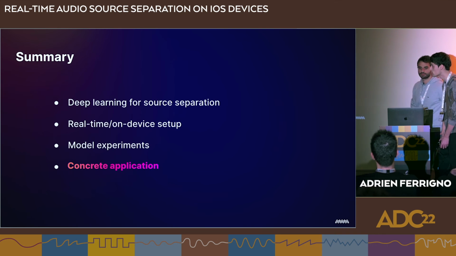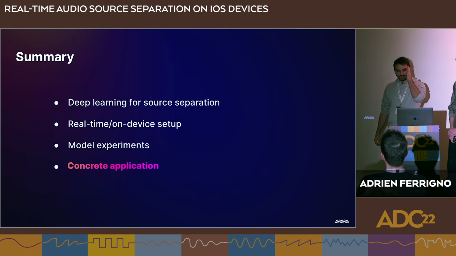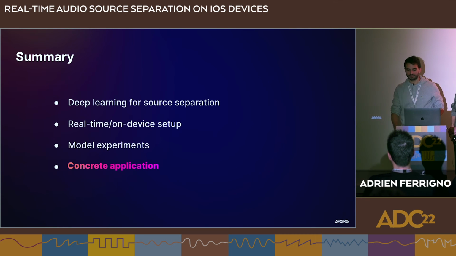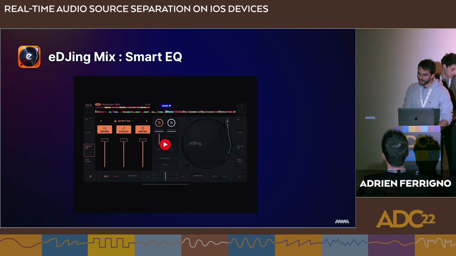Okay, so now we are going to show you some concrete applications of the separation in our app, edjing, and our app Stemz. So edjing is our flagship DJ app.